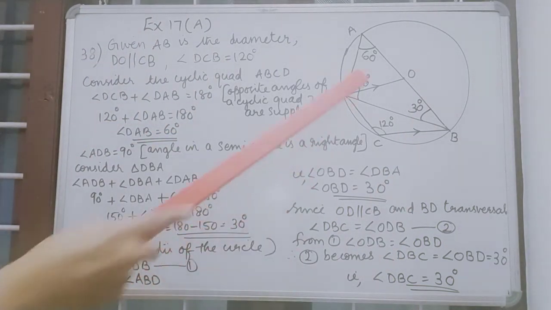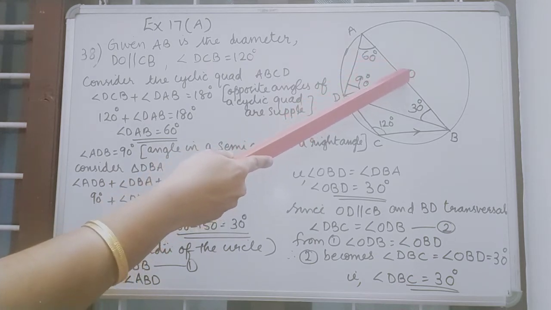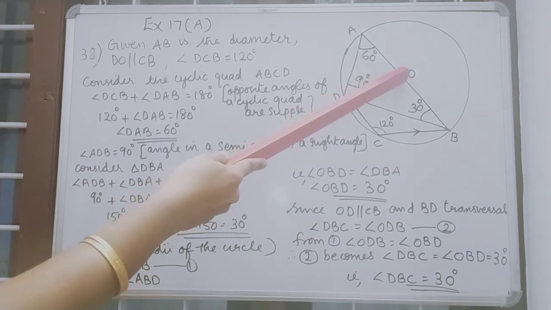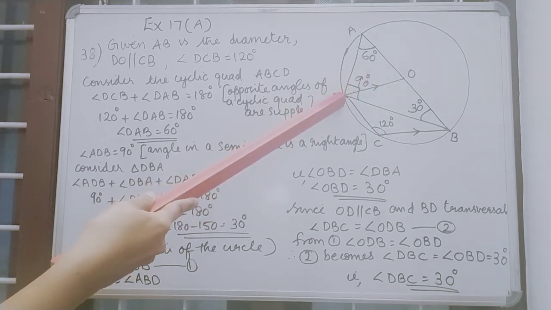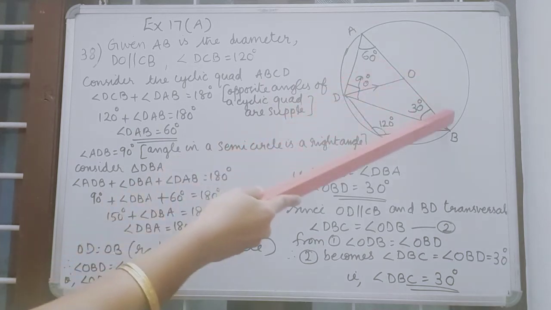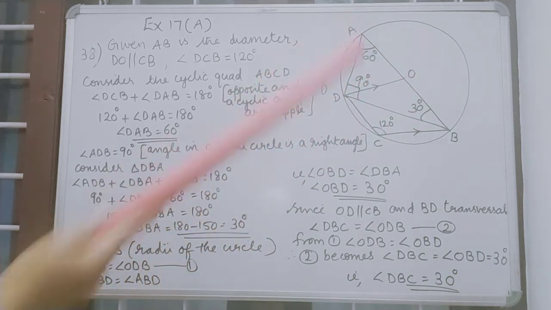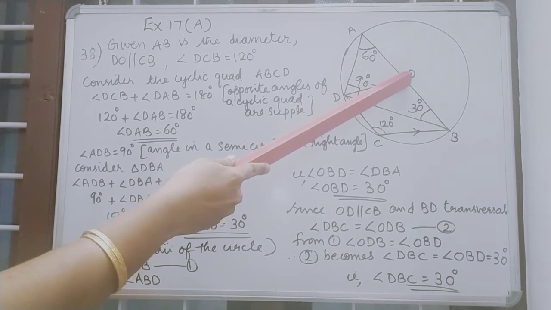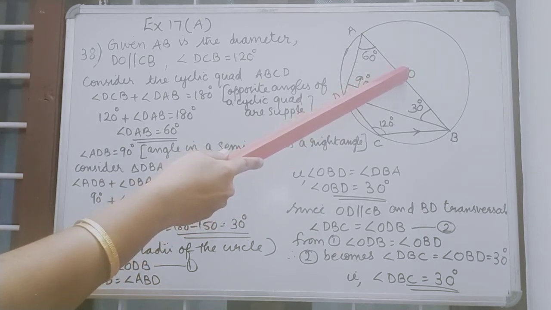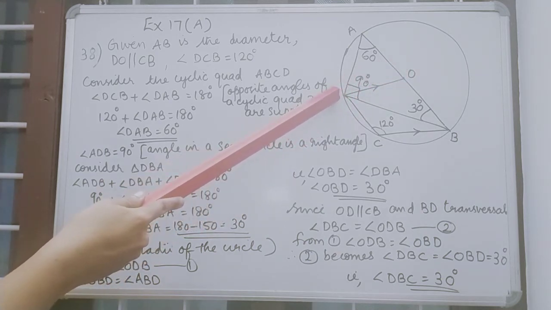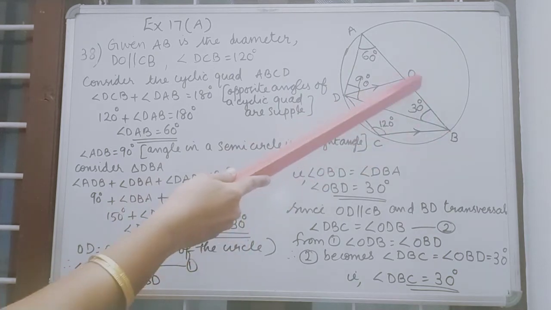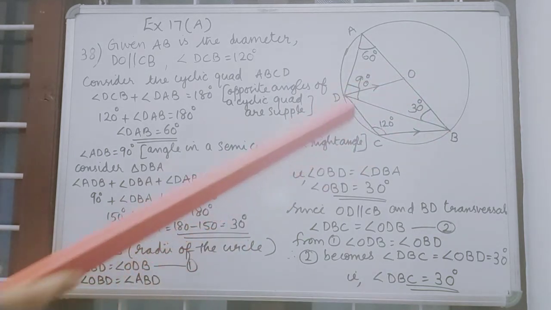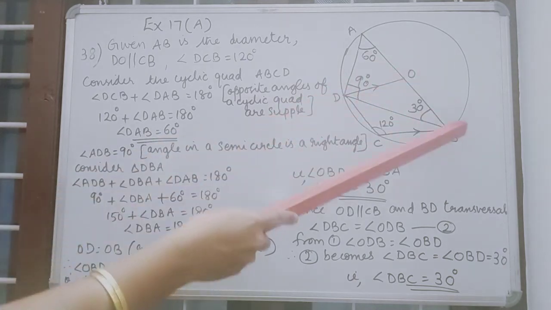Since O is the center of the circle, OD is the radius. OB is the radius. OA is also the radius. Given O is the center of the circle, so OD will be equal to OB since these two are the radii of the circle.